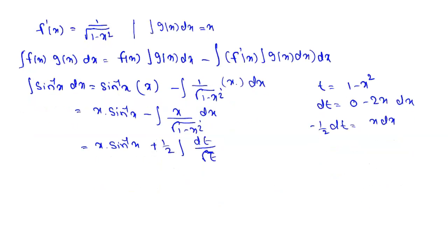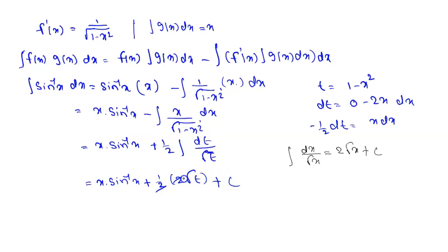So here we have that formula in integration. Integration of dx by root x, the formula is 2 root x plus c. Integration of dx by root x is what? 2 root x plus c. So here by applying this formula, I am getting x into sin inverse x plus 1 by 2 into 2 into root t plus c.